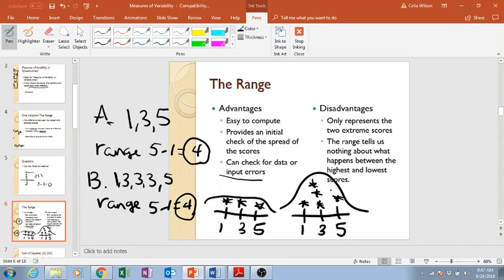So what range doesn't do for us, it doesn't tell us what happens between the highest and the lowest scores. This only talks about the highest and the lowest. They appear to be identical, when in reality, you can see they're definitely not identical. Okay, so what we need is another statistic, of course, to give us some information about what's happening in the middle. Okay, I'm going to pause here.